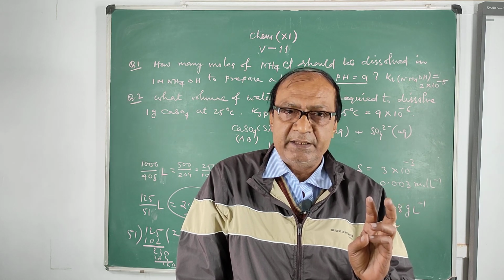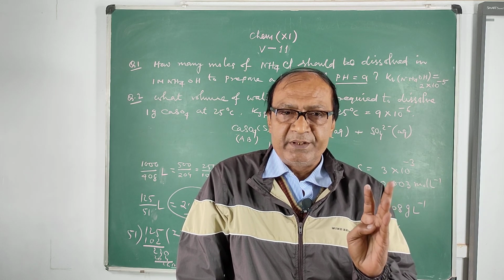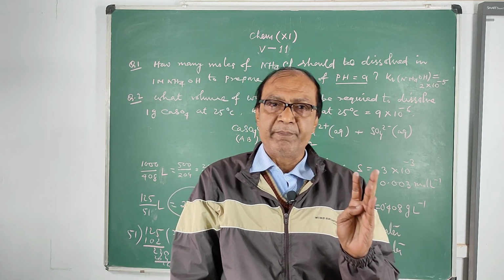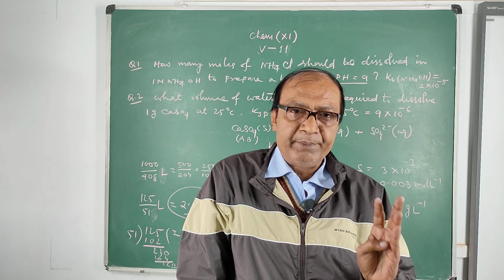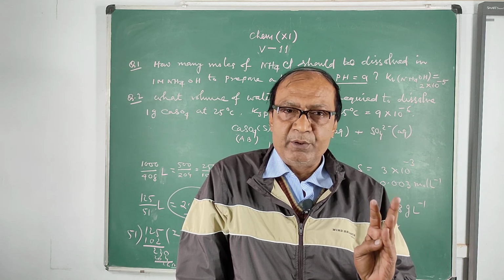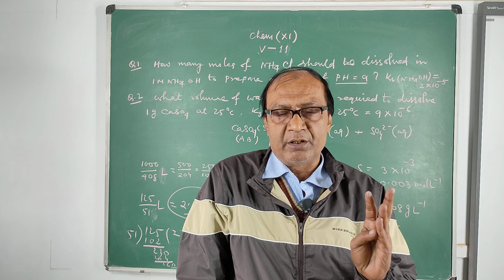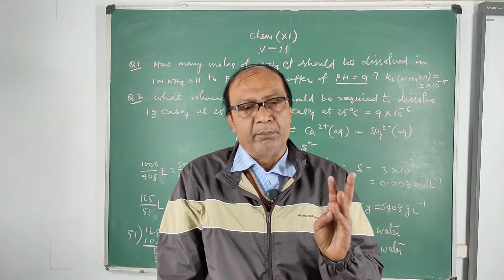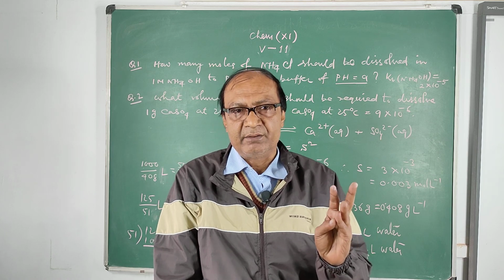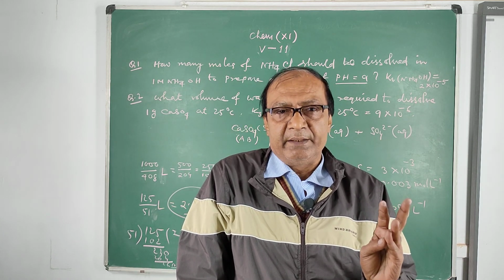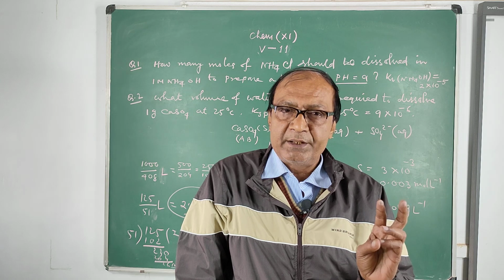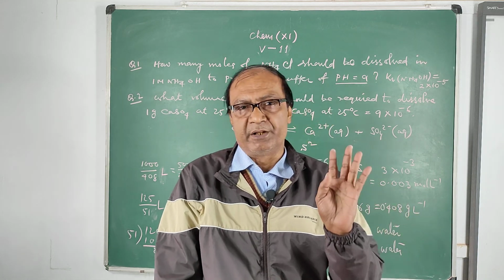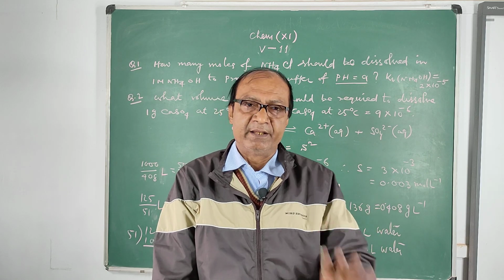Then you have weak acid, weak base, dissociation constant of weak acid Ka, dissociation constant of weak base Kb, and how to find their pH and pOH. Then you have common ion effect and its application for weak electrolytes. Then solubility product, buffer solution, hydrolysis of salts. These are the topics. This is the entire chapter.